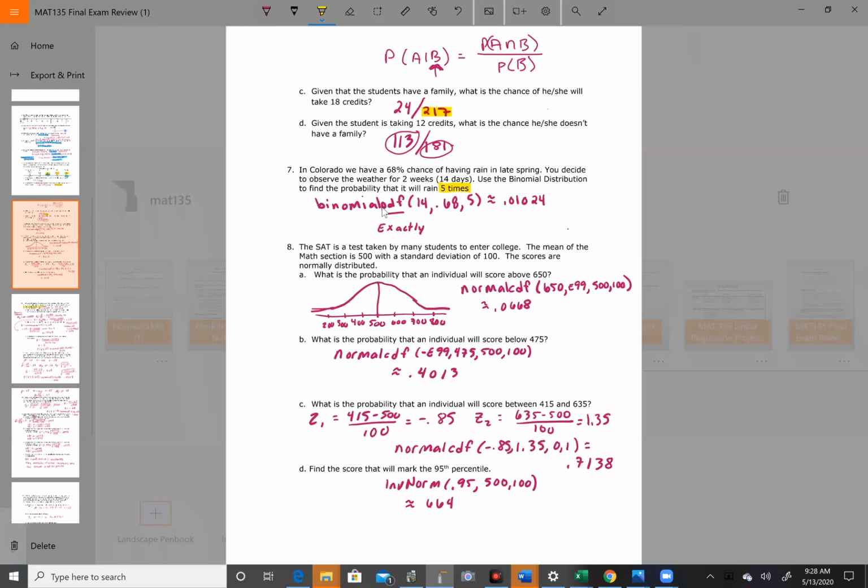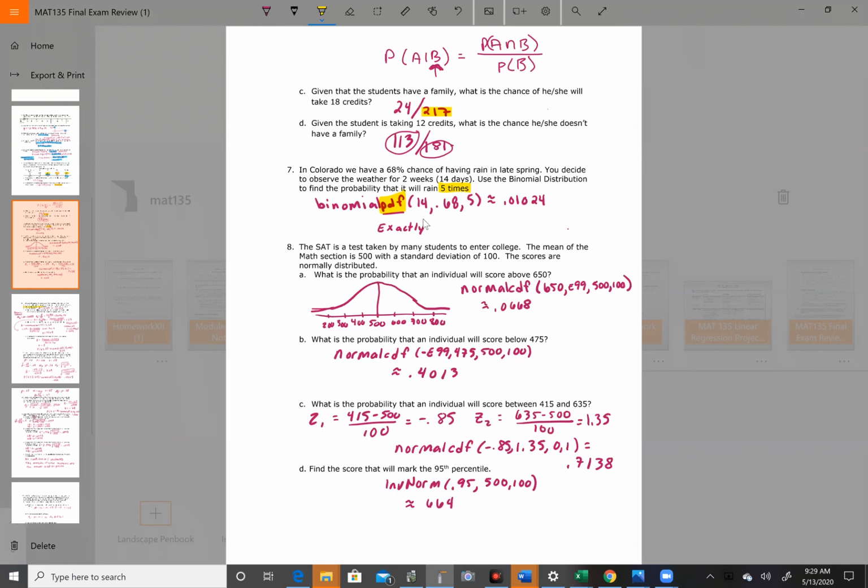So we're going to use the binomial PDF function in the calculator, which means exact times. Please go back and look at the final review, the review for exam 2, if you want to really get into the binomial PDF and the binomial CDF differences.